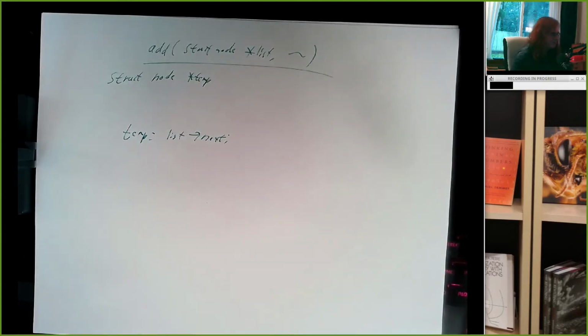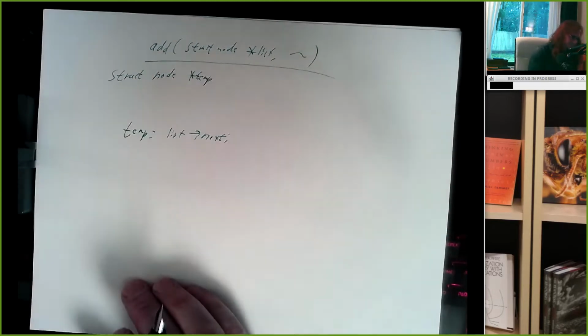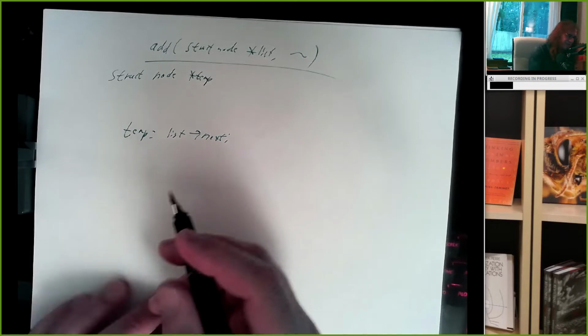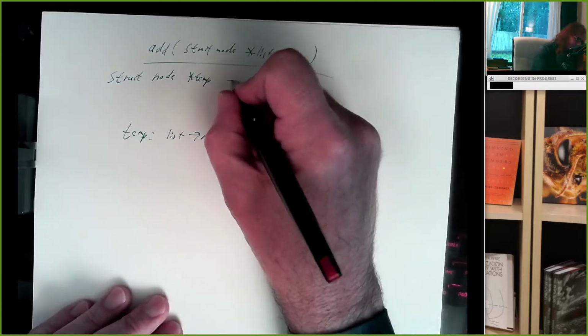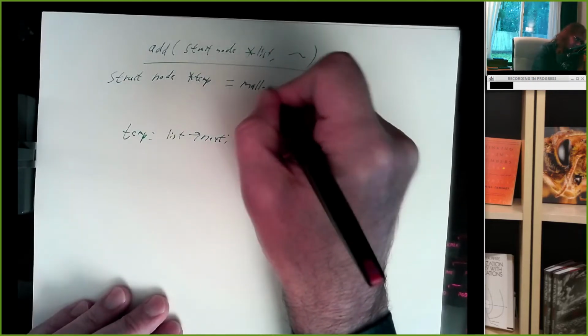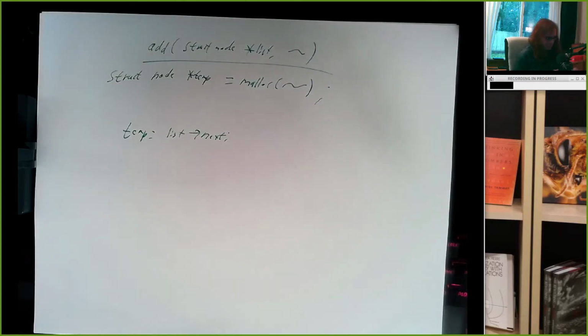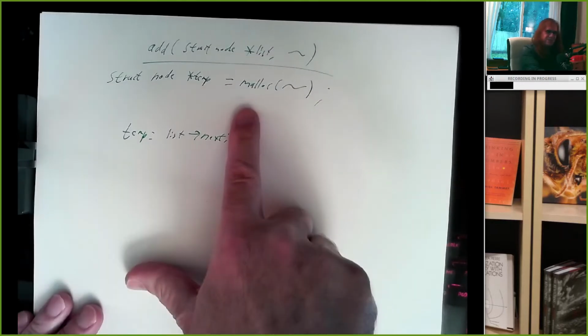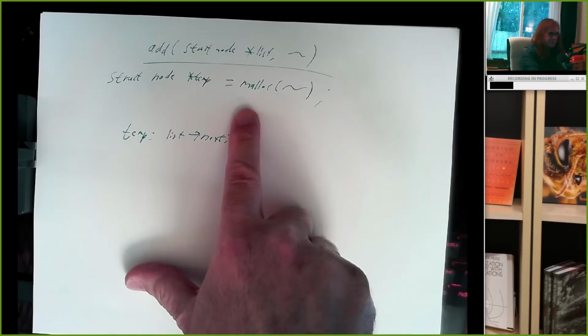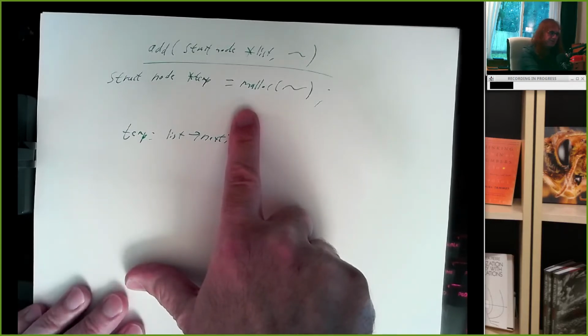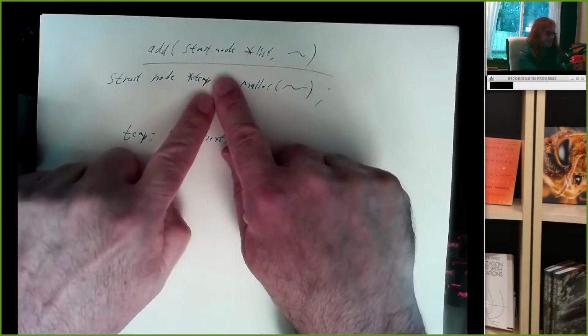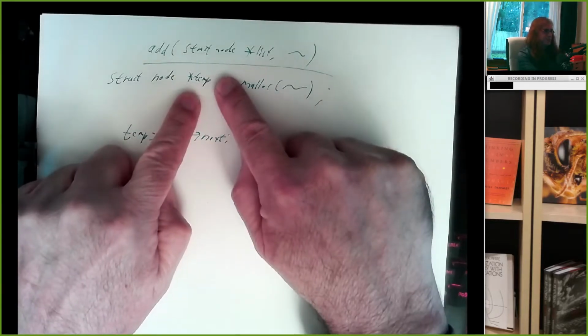Different struct, but for an example, if I'm going to do this, I do not want to say equals malloc and so on. This will definitely cost memory, and it will cost memory that you're probably going to lose and not be able to free later. I'm saying here that temp is a pointer to a struct node.